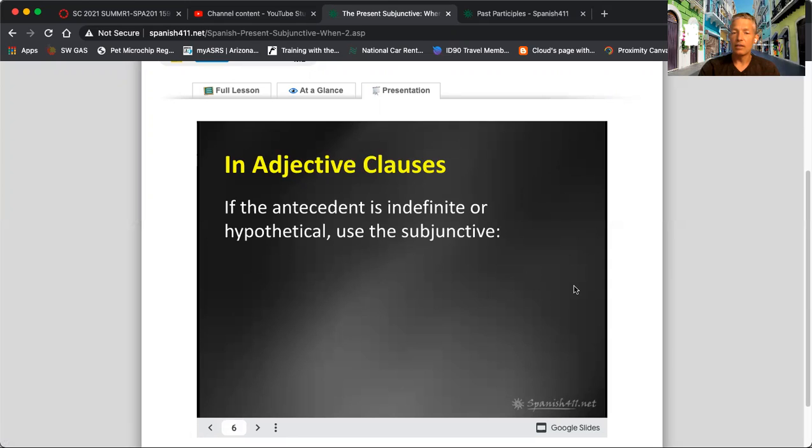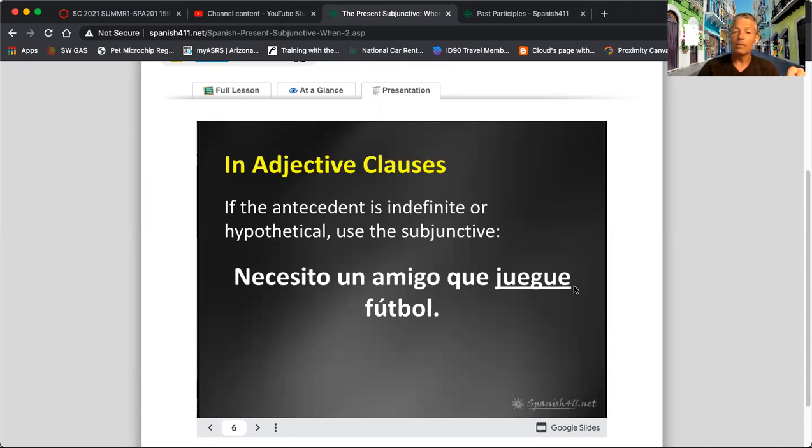If your antecedent, in other words, the thing that you're talking about, is indefinite or hypothetical, maybe exists, maybe doesn't, you use the subjunctive. Necesito un amigo que juegue fútbol. I need a friend who plays soccer. How do I know that this amigo may or may not exist? Well, the word necesito means I need.